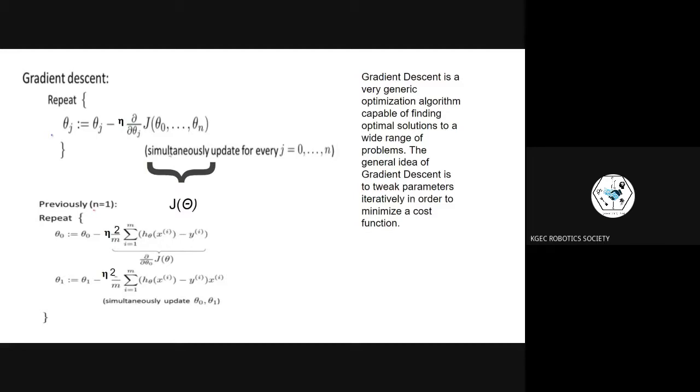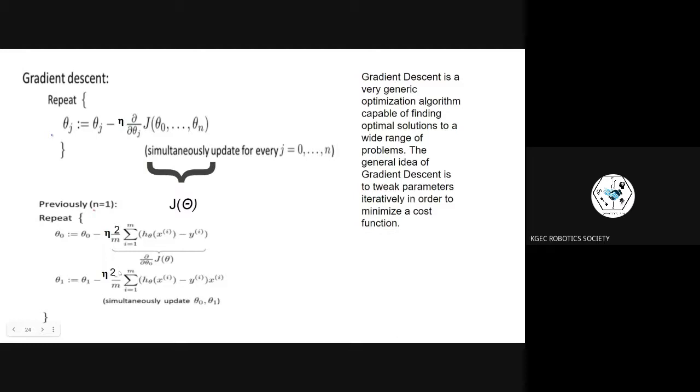As you can see here, this function simultaneously updates for every j equals 0 to n. Here, n means the total number of features in each instance. In the below, you can see that I have provided the gradient descent step for only two parameters, which are theta 0 and theta 1.